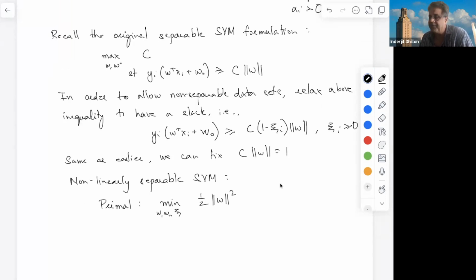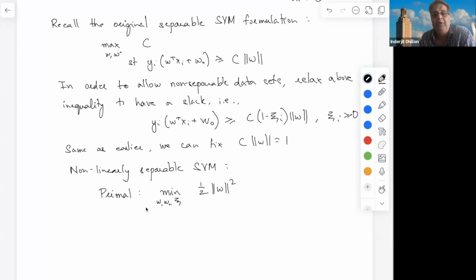So this remains the same, half the objective, but now you have 3 sets of variables, W, W naught, psi, and you have yi times W transpose xi plus W naught is greater than or equal to, instead of 1, you get 1 minus psi i, for i equals 1 to n.